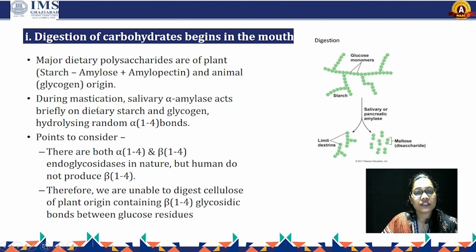These need to be converted into the monosaccharide form. So during the mastication process, the salivary amylase acts on the starch and glycogen units and hydrolyzes their random alpha 1,4 linkage bonds.